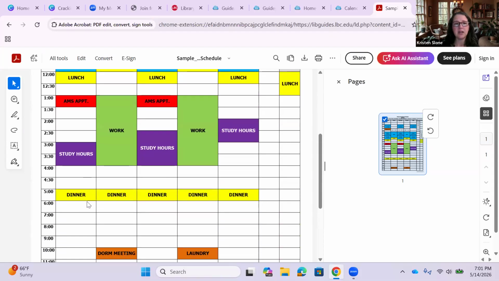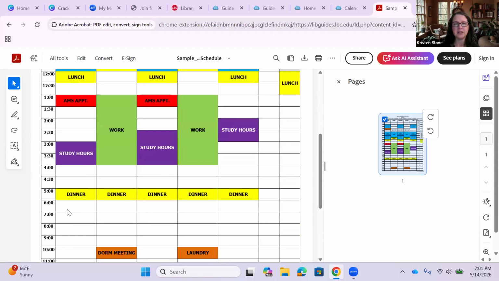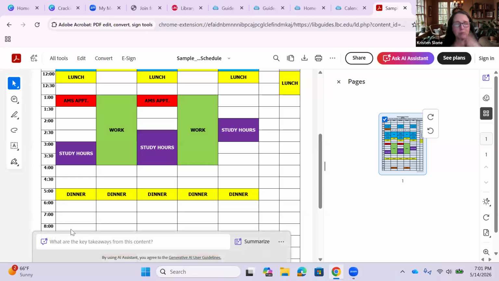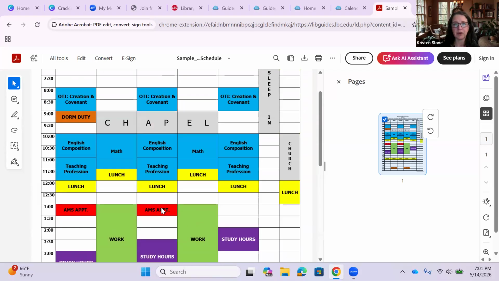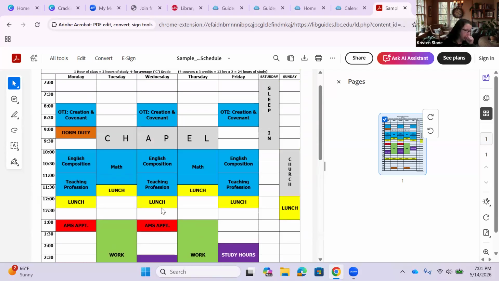And then after you get done with work, you come home, there's dinner. We all have different responsibilities, but you fill this in according to your schedule. Where do you have snippets of time that you could squeeze in an extra 10, 15 minutes of schoolwork? This is a great resource.